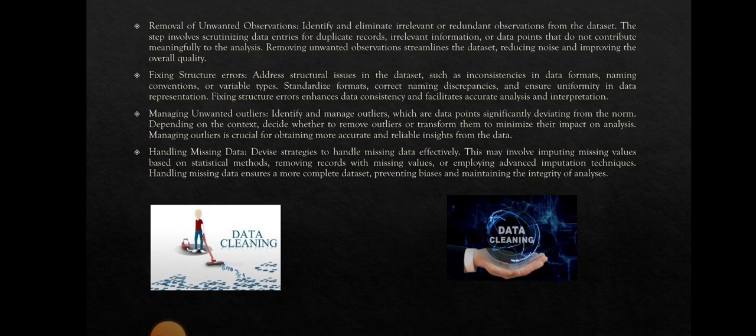The step involves scrutinizing data entries for duplicate records, irrelevant information, or data points that do not contribute meaningfully to the analysis. Removing unwanted observations streamlines the dataset, reducing noise and improving the overall quality.